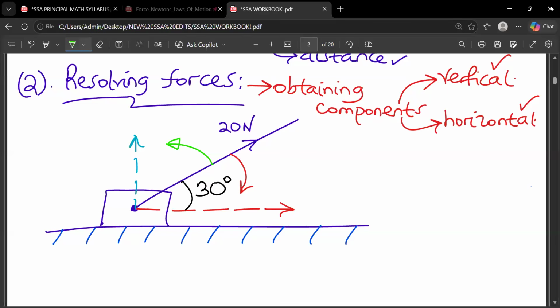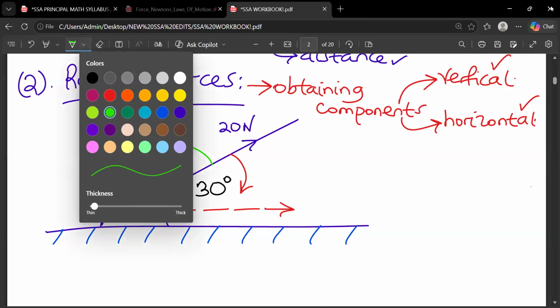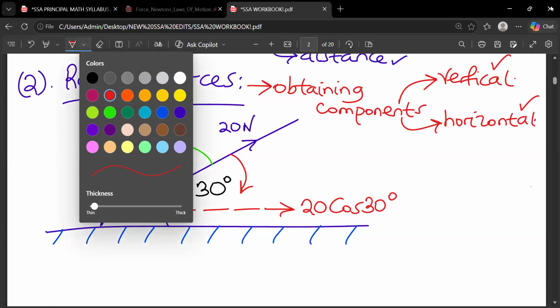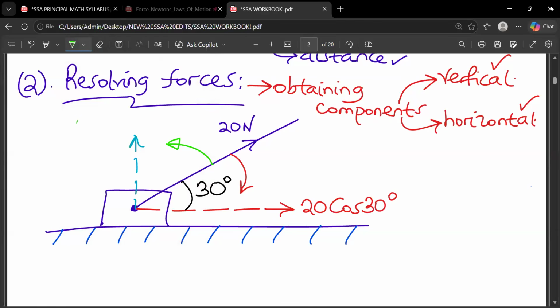And we are realizing that the compression is giving us the horizontal component, isn't it? So that means here in red, where we have compression, we shall have 20 cos 30 degrees, not so? Yes. Then for the vertical component, what shall we have? It's 20 sine 30 degrees.